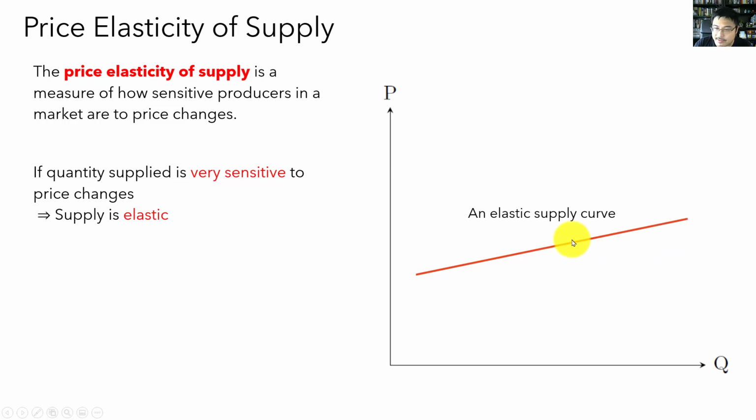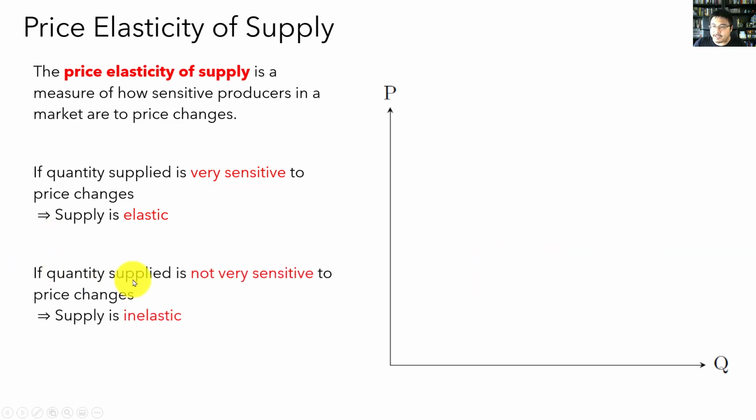It has a very shallow slope because what that's saying is that if price increases by a little bit, quantity will increase by a lot. All right. So the quantity supplied in an elastic supply curve is very sensitive to prices, and the slope is very shallow. What if quantity supplied is not very sensitive to price changes?